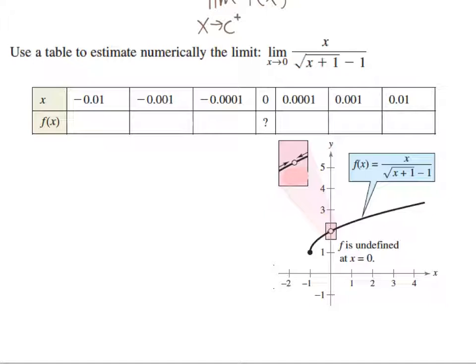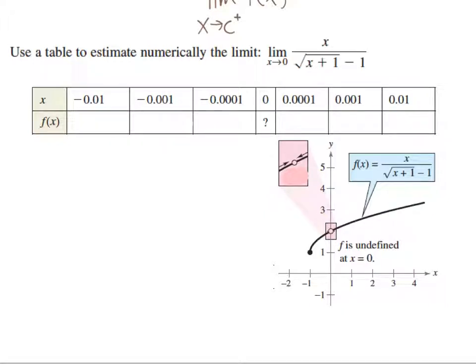If we did it linearly, like negative 0.03, negative 0.02, negative 0.01, we may not be getting close enough to really see what it's approaching.